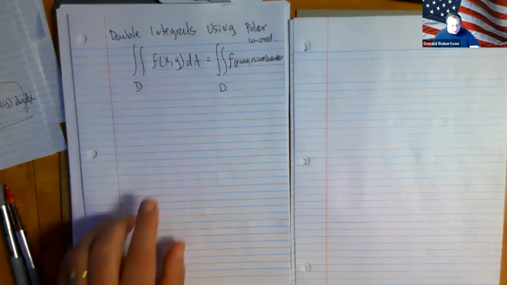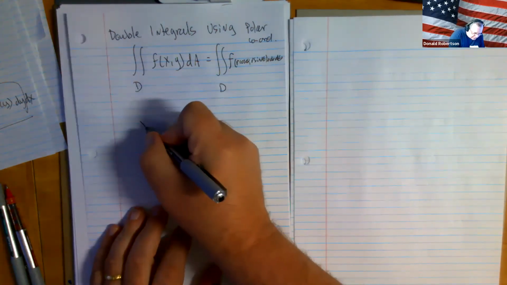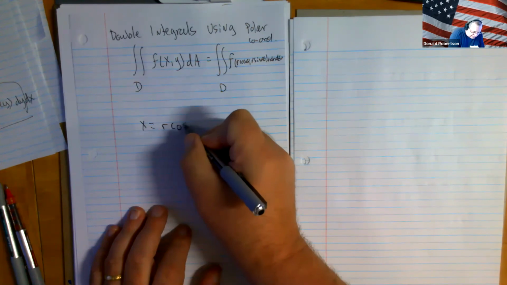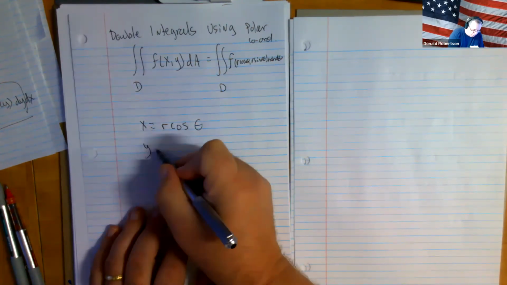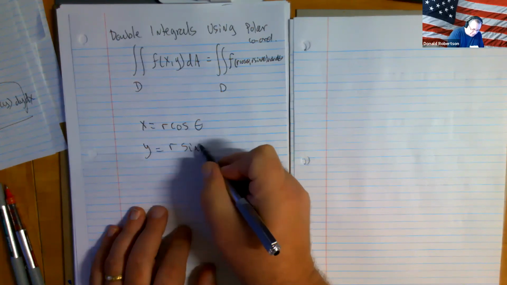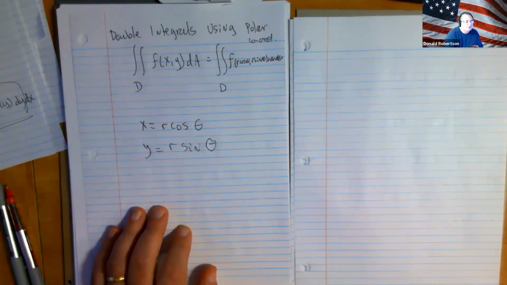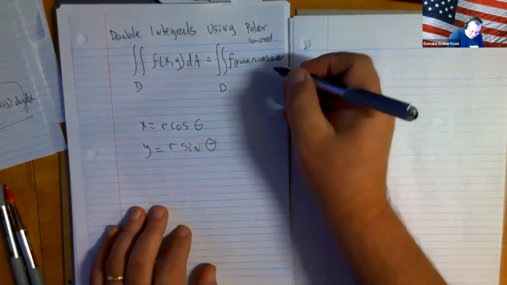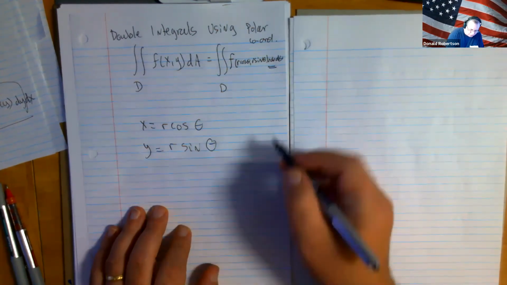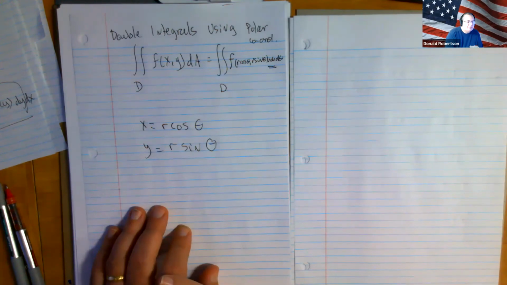So what does that look like? Well, isn't x equal to r cos theta? Won't y be r sin theta? And that's not a mistake. Do you notice that it's not dr d theta?